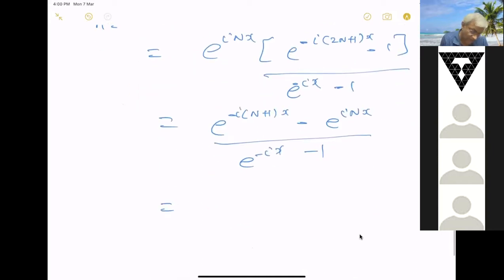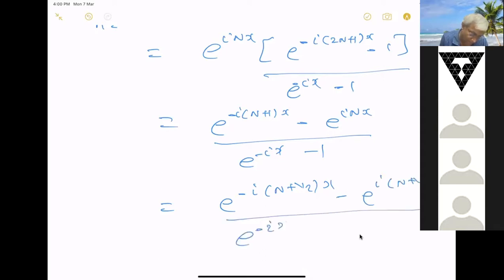Which we can write as e power minus I n plus half. Just dividing by e power ix by 2 on the numerator and denominator, we get e power I n plus half x divided by e power minus I x by 2 minus e power I x by 2, right?